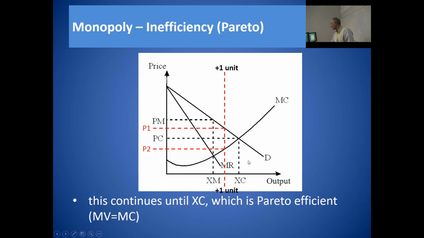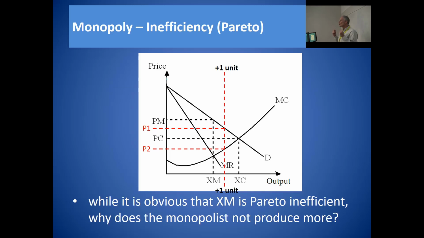For any output level beyond XC, we can see the price that consumers are willing to pay on the demand curve is less than the cost of production. So obviously, it doesn't benefit anybody to produce extra output. And so, XC, the competitive output level, is our Pareto efficient level of output.